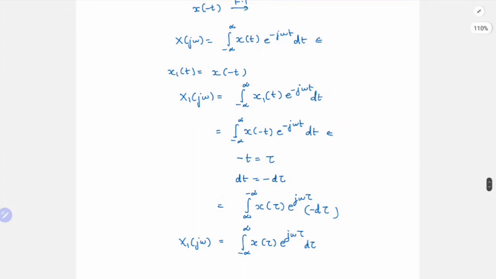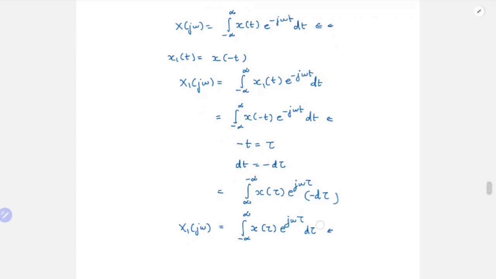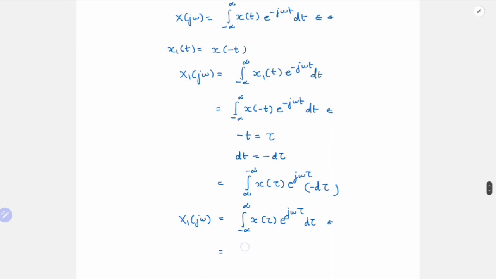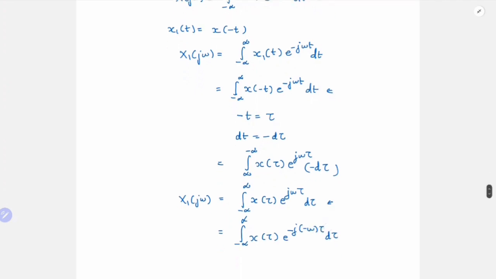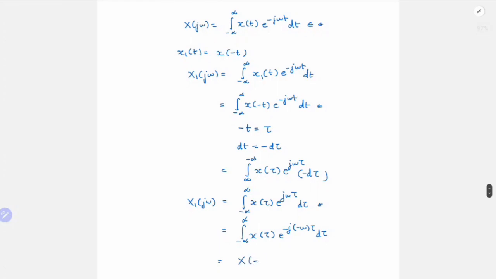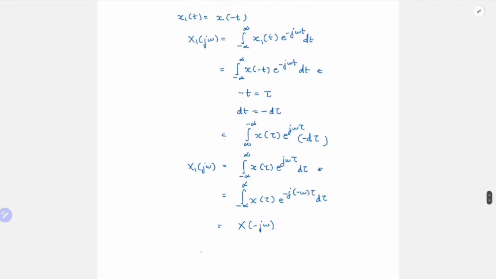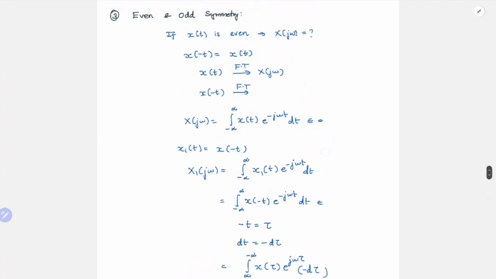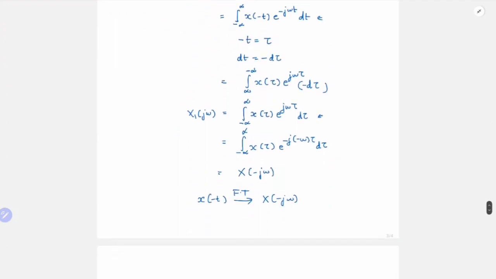So if I compare this equation with the earlier equation, I can see only the e power j omega tau term is differing. So what I'll do, I'll just replace omega with minus omega. So this is nothing but x of tau e power minus j (minus omega) tau d tau. So again, what will this become? This will become x of minus j omega. Can you see that, the relation? So for x of minus t, the Fourier transform is x of minus j omega. Right? So this we wanted to find, we found out here.